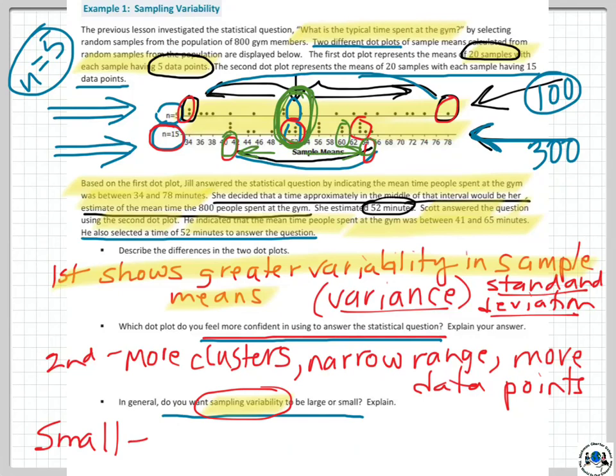You can see this whole clustering in the middle. Any one point is not as far away from the true mean as is the case here. You can see what a wide variability there is there. So again, you want it to be small. It increases your confidence in your conclusion.